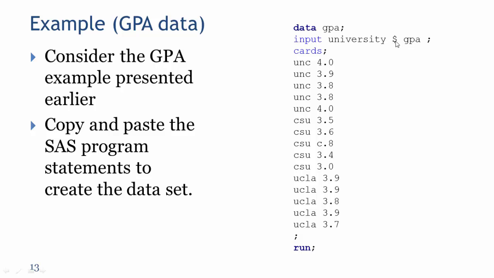That's why we have a $ sign here, and then GPA is a numerical variable. And then we have to use these cards to enter the data. You see UNC, we have 5 observations for UNC, 5 observations for CSU, and 5 for UCLA. Put a semicolon and then run, then it will create the data set. So you can copy and paste it in your SAS and it will create the data set for you.